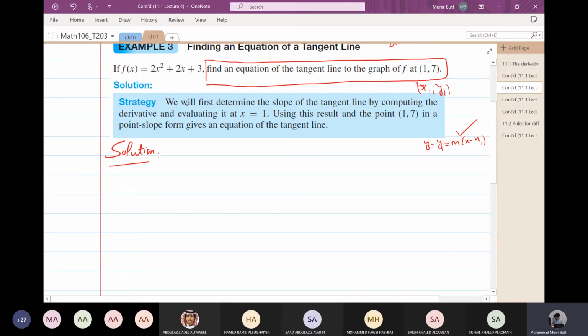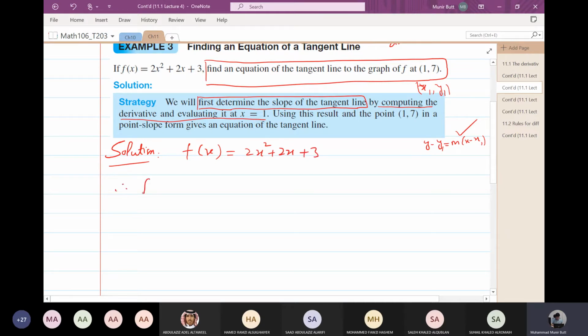So first, determine the slope of the tangent line by computing the derivative and evaluating at this point. So I am doing it completely now, a complete question for you, to show how you will do it.